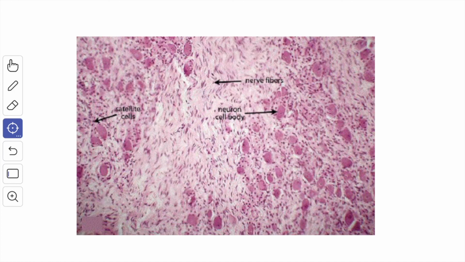The satellite cells are present around the neurons of the autonomic ganglia, but they are not so well defined. The ganglion is permeated by connective tissue that also provides a capsule for it. The Nissl substance of the neuron is much better defined in the autonomic ganglia than in the sensory ganglion.